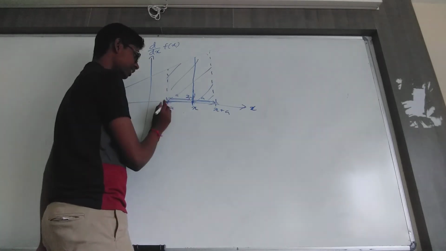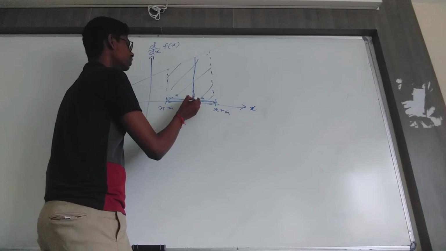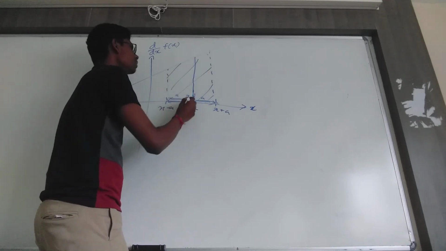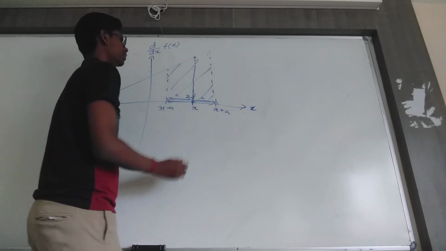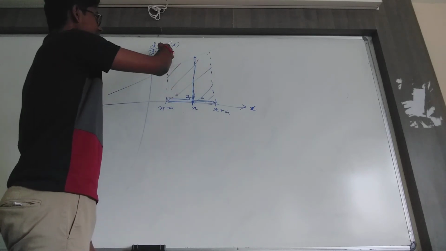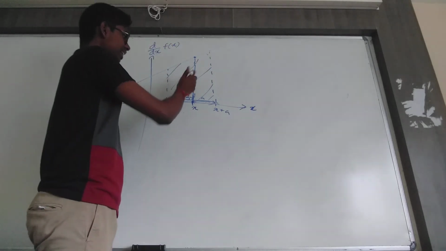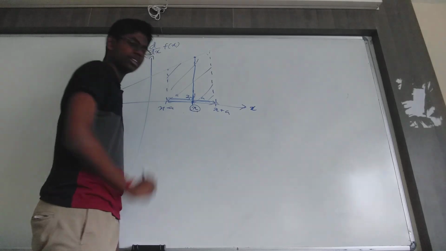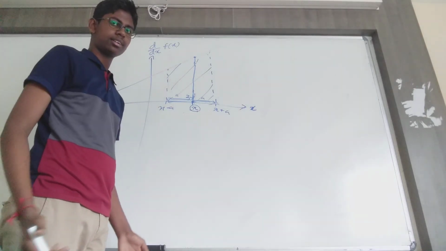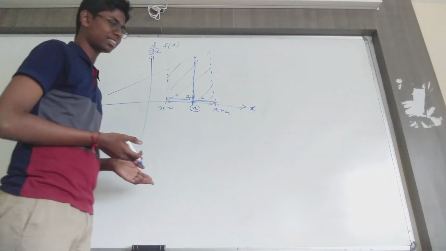I want x to be in the middle of x minus a and x plus a. So this height is the average height of the shape, and what is this height equal to? Since we are graphing the derivative of f of x, this height is the derivative at this point. So indeed, our conjecture has been proved in this way.